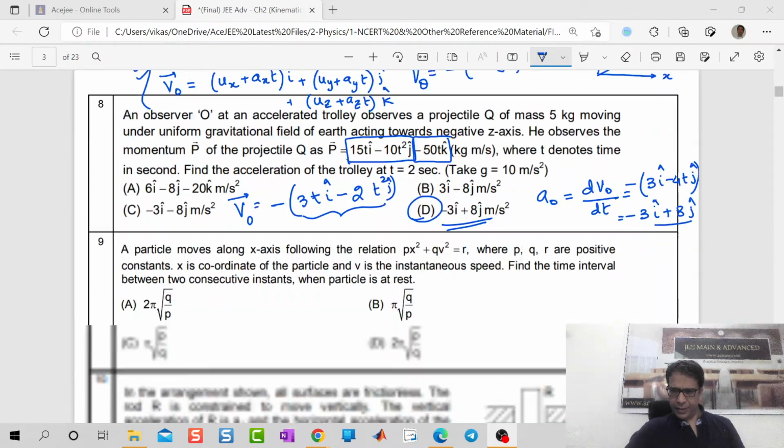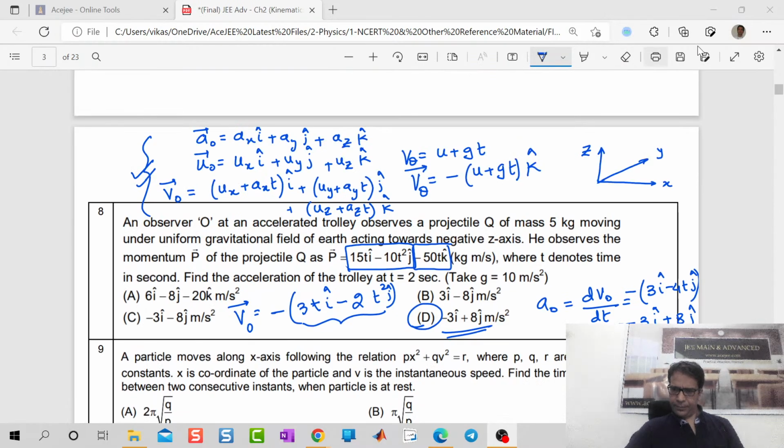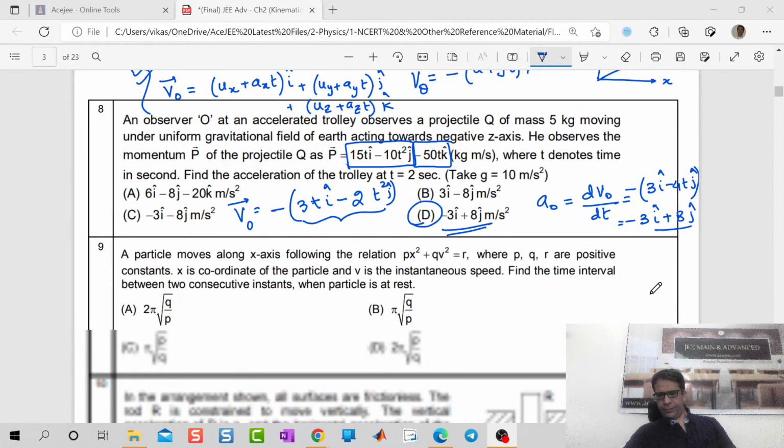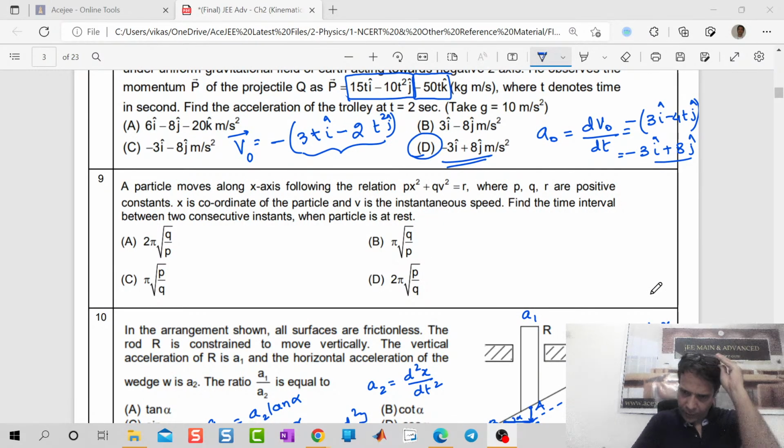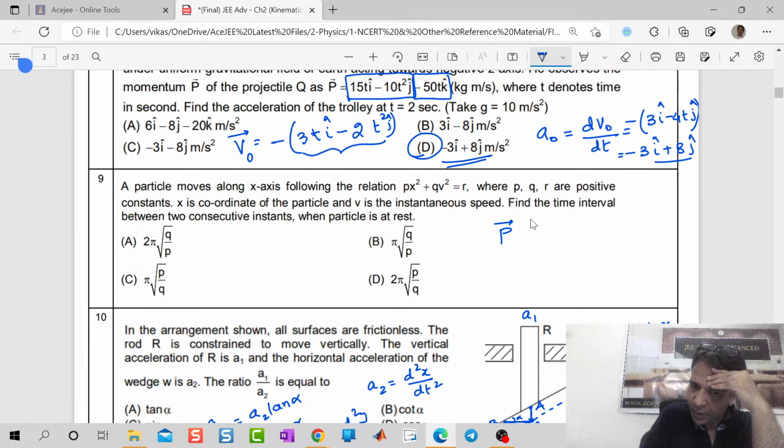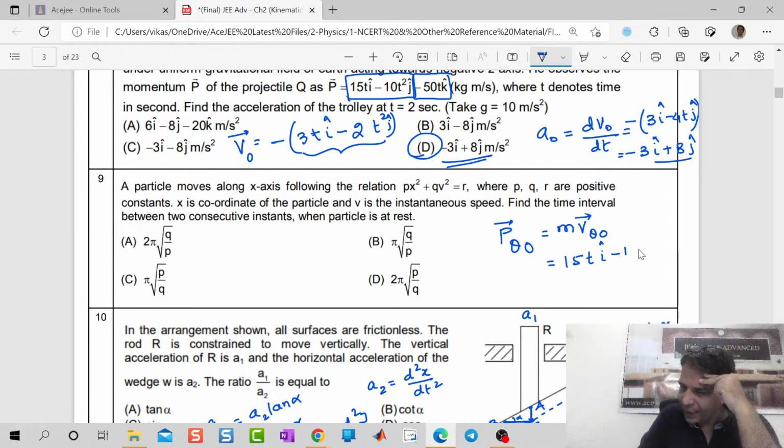Okay, so let's do it here. What we are saying is that the momentum P of the projectile Q with respect to the observer O is equal to 15t I cap minus 10t square j cap minus 50t k cap.